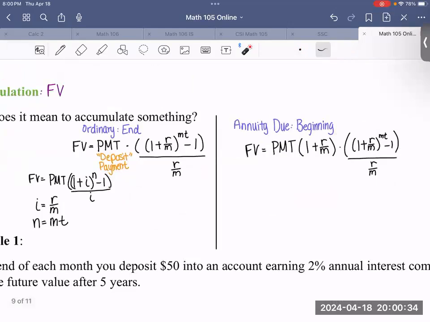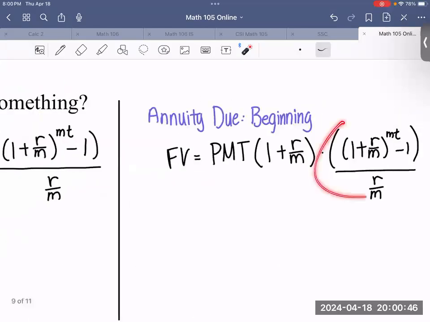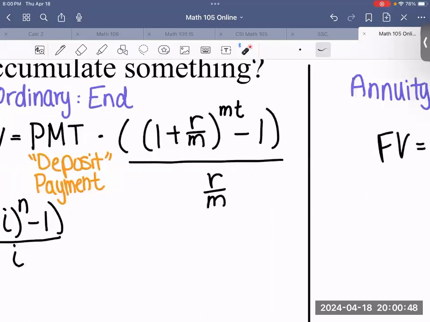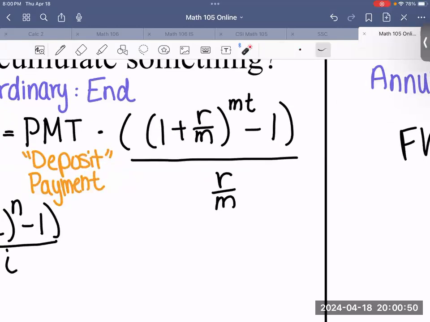Now, for those that are using a TI 83 or 84 or any similar products, I would definitely use a big parentheses at the end here, or even at the end over here as well. So if I were to write this out, after I do my payment value times, I would then make one big parentheses.